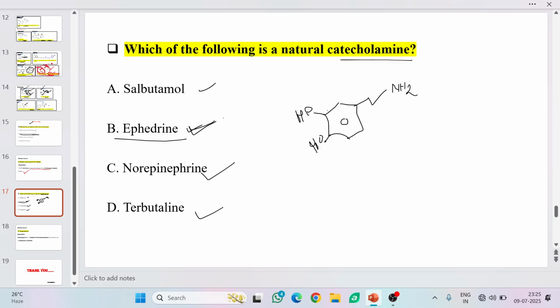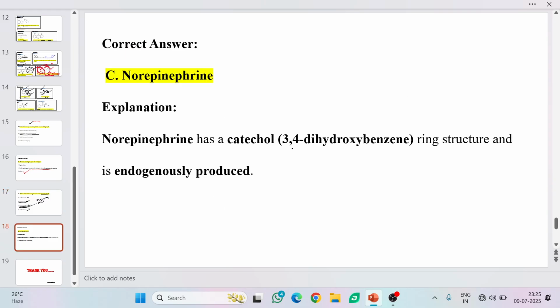So which is the natural catecholamine? They ask. So salbutamol, it is not a catecholamine. Okay. Ephedrine, it is also not a catecholamine. Then terbutaline, we already saw the structure. It is also not a catecholamine. So norepinephrine. Yeah, this is a catecholamine. Norepinephrine or noradrenaline. So the correct answer is norepinephrine.